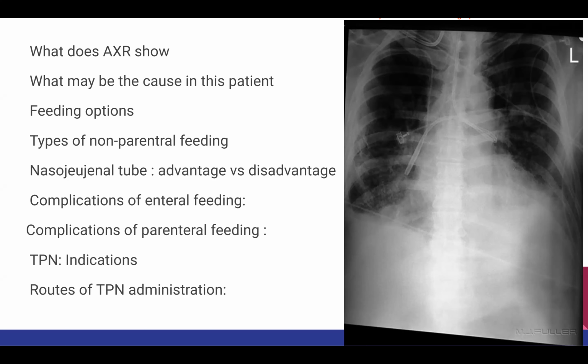Since the patient is post surgery and before extubation, we have to put in the nasogastric tube and check. If the patient received a tube after the surgery, there will be difficulties in insertion of the tube leading to coiling. So what are the different feeding options available?